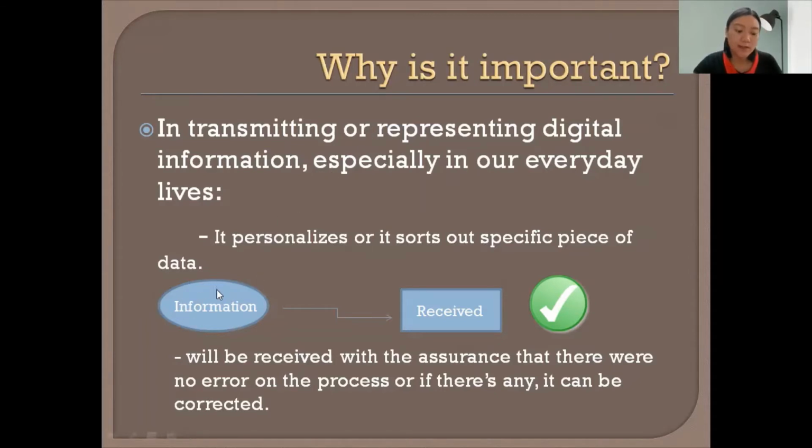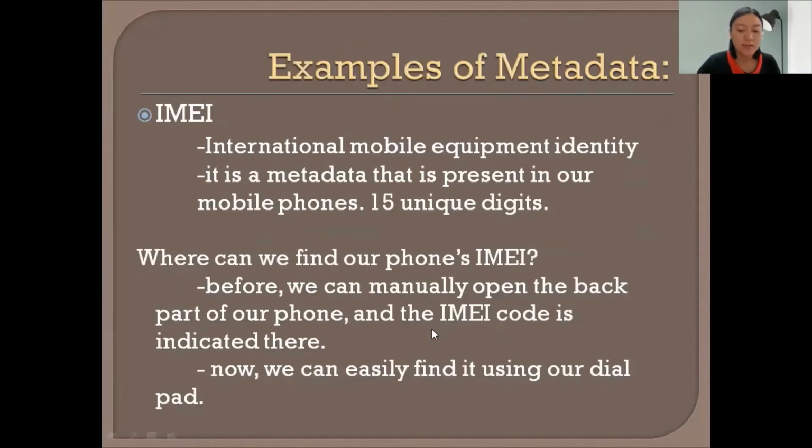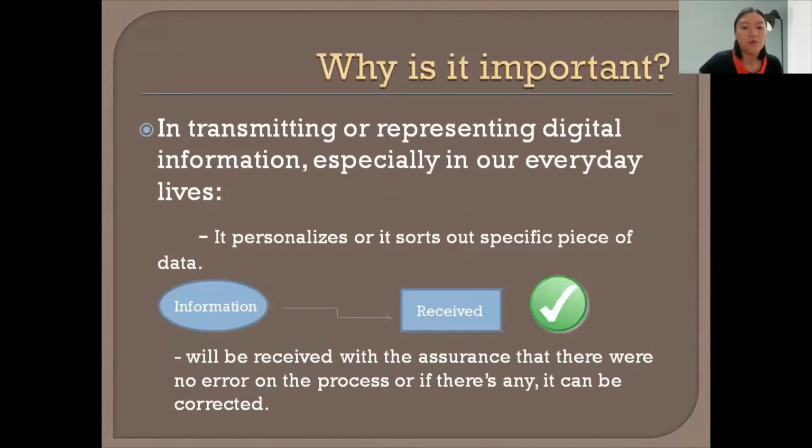Through metadata, the information that is being sent will be received by the receiver with the assurance that there were no errors in the process, or if there would be little errors, they can be corrected and verified.